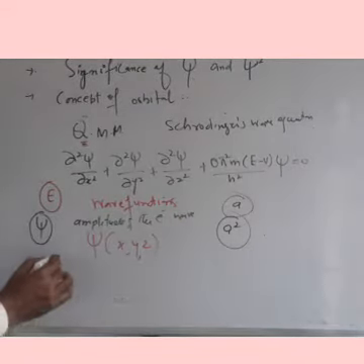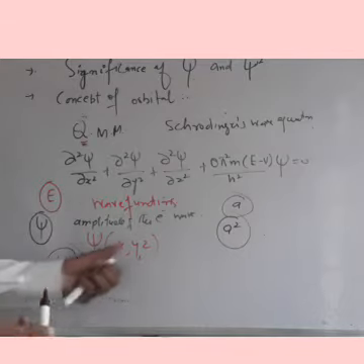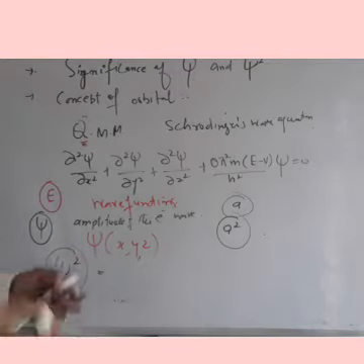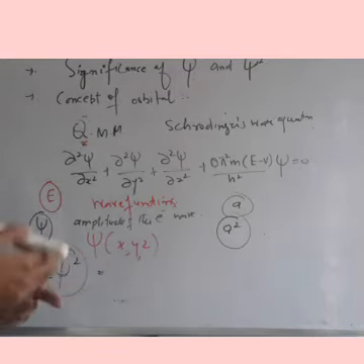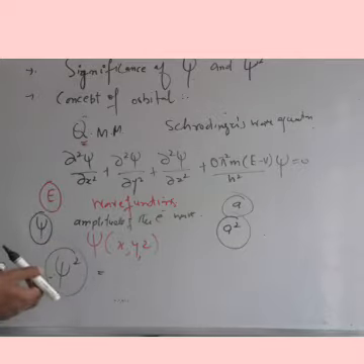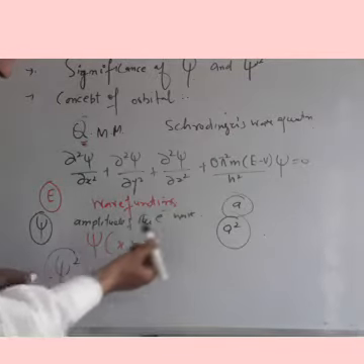Exactly, if we take the square of psi, it will give us the intensity of the electron wave. If we take psi square at a particular point, it will give us the intensity of the electron wave at that point.